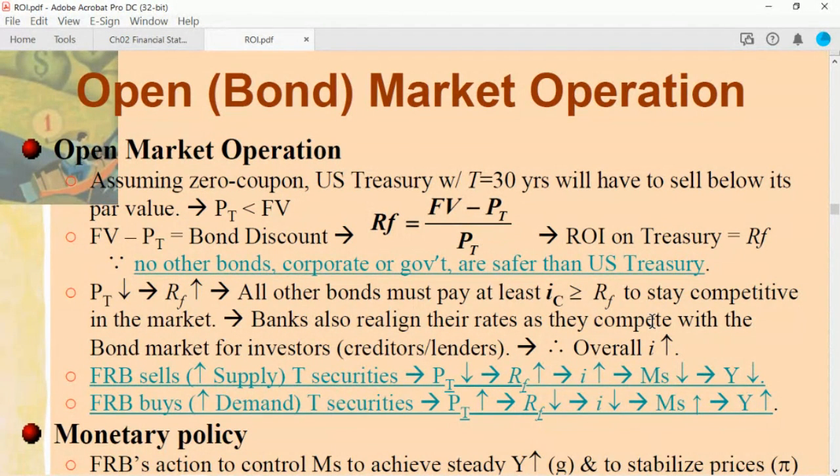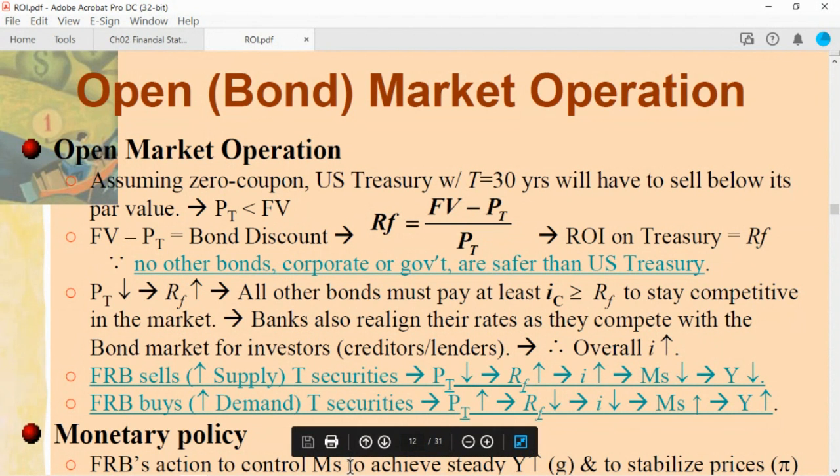Then, if I don't pay something more than 5%, nobody will buy my bond. Everyone will run to buy Treasury, only Treasury, right? So throughout the bond market, all the companies will raise their coupon interest rate. They will all raise their coupon rate.